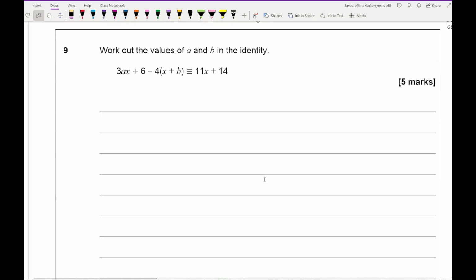Moving on to question 9, it says work out the values of a and b in this identity. So what we need to do here is compare the coefficients. So the first thing I need to do is expand this left hand side. So here I've got 3ax plus 6 minus 4x minus 4b, and that is equivalent to 11x plus 14.